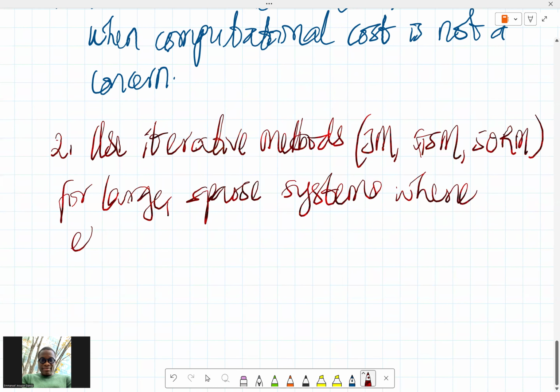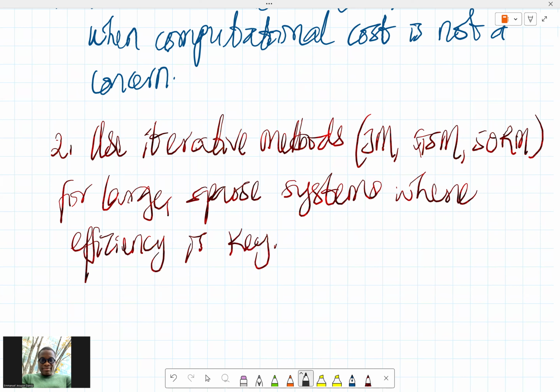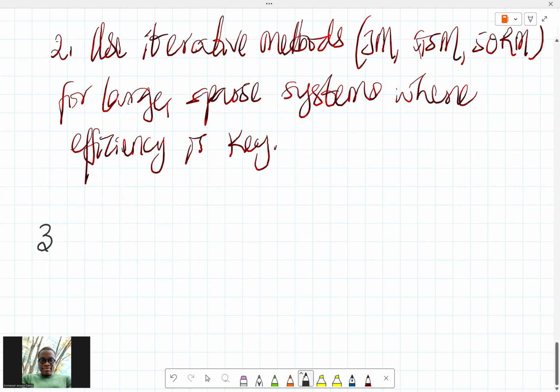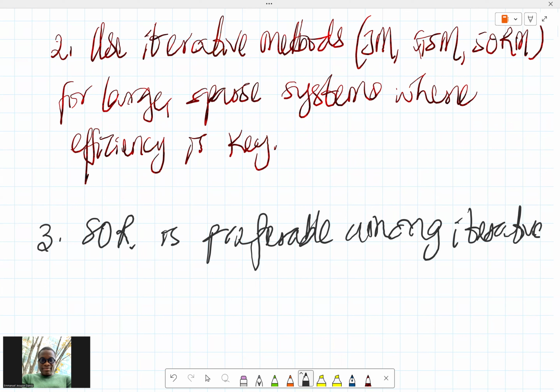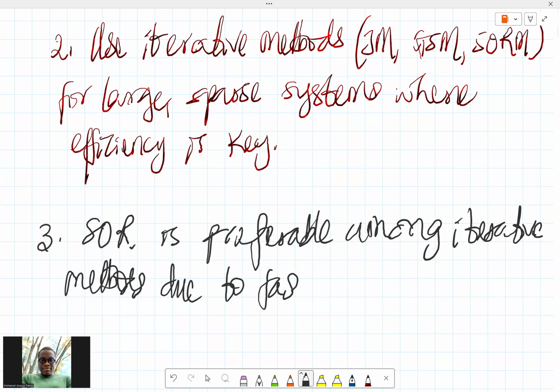And lastly, the third conclusion is that successive over-relaxation is preferable among iterative methods due to faster convergence.